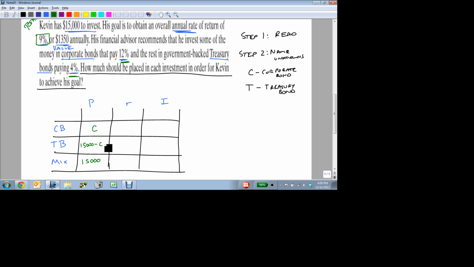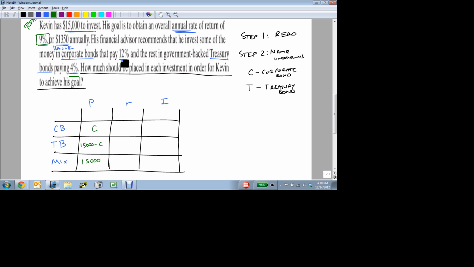Why would it be 15,000 minus C? The reason is that if I put 5,000 to corporate bonds, then I take that 5,000 from 15,000, that means the treasury bonds is 10,000. And the reason we're doing this now is so that we only have the C's floating around.